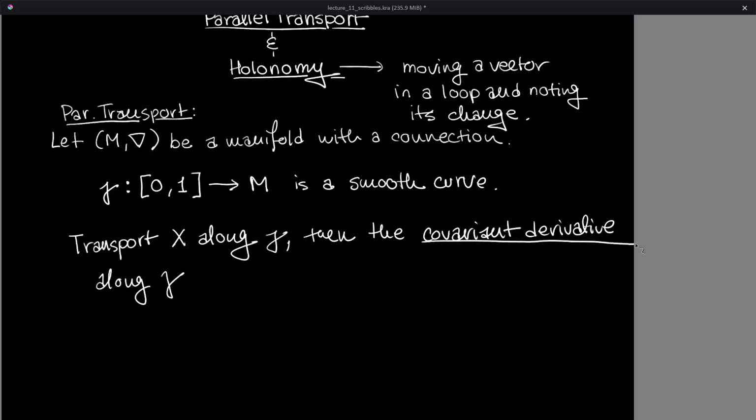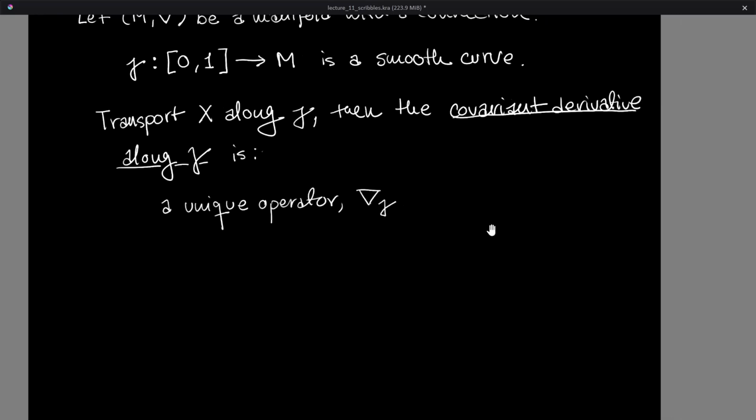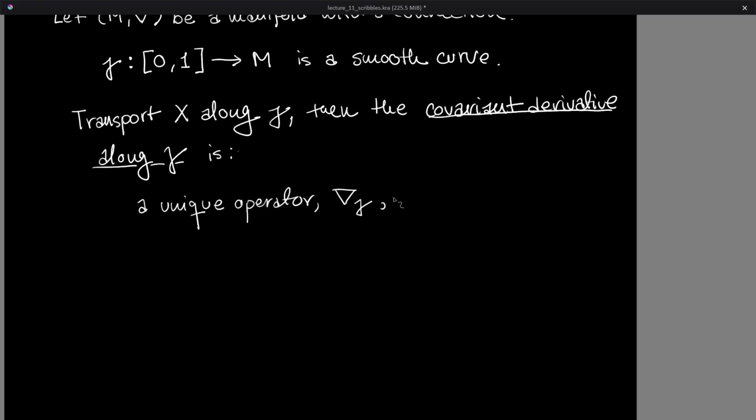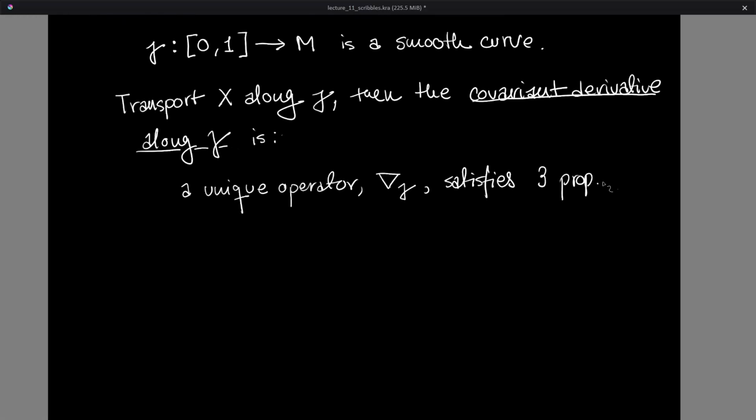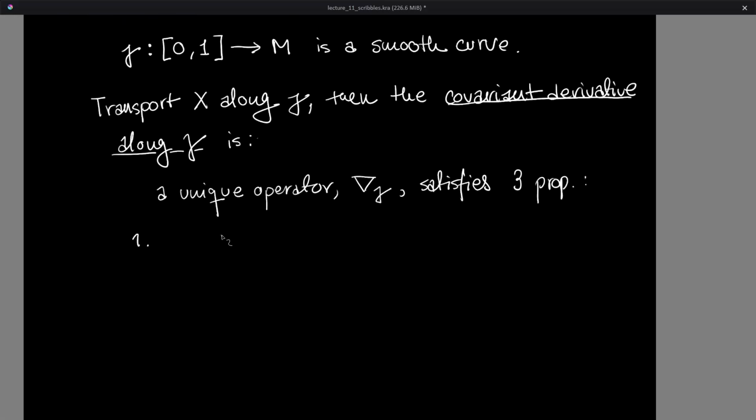So this is a sub definition that we're going to need, is a unique operator nabla gamma. That's what it's called, nabla gamma. And it has to satisfy three properties. Number one, it needs to be local.